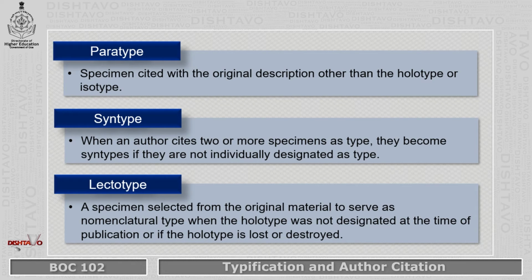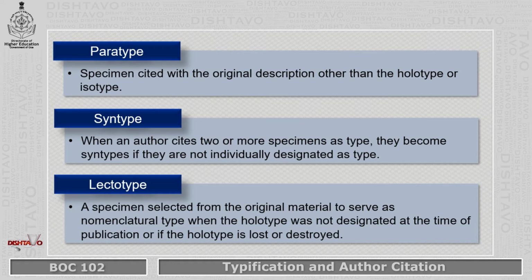Paratype is a specimen cited with the original description other than the holotype or the isotype. Sometimes the author cites two or more specimens as type. Such specimens become syntypes if they are not individually designated as type.